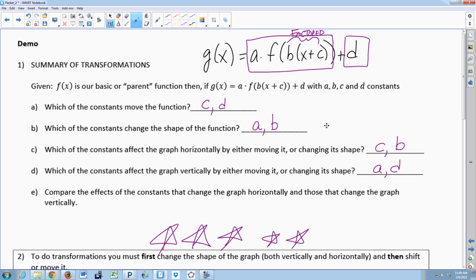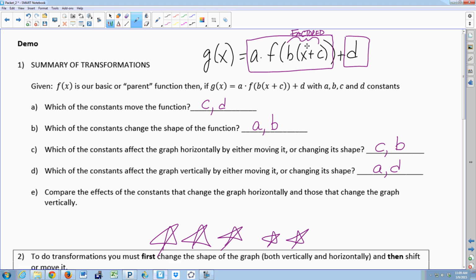We know that if you're a vertical change, A and D, it affects it exactly as you see it. If you're tripling something, the Y values triple. If you're taking half of the Y values, there's a half out here, you take half of the Y values. If there's a plus D, it moves up. If it's minus D, it moves down. It works just like you think it does.